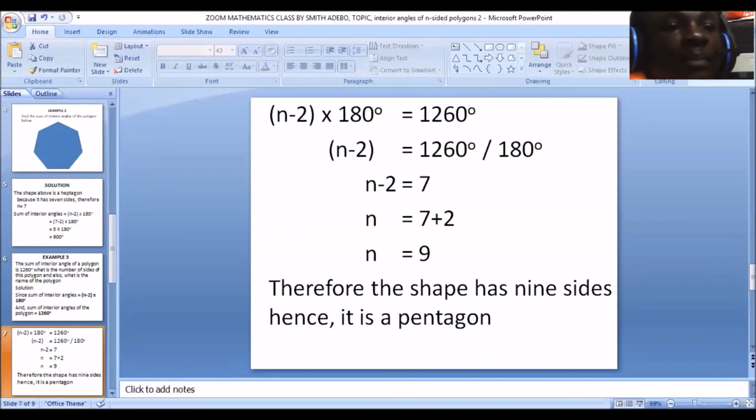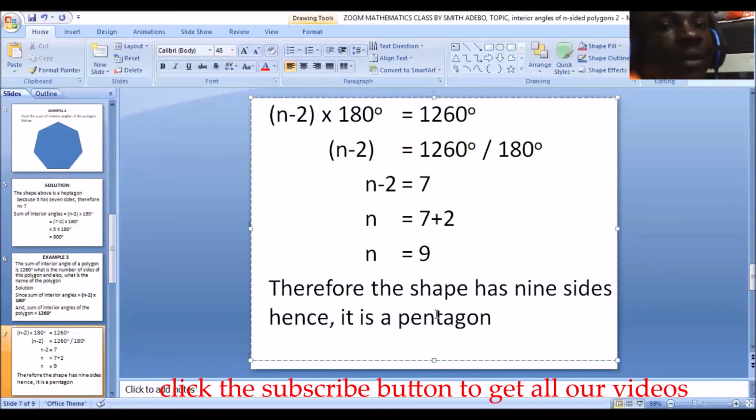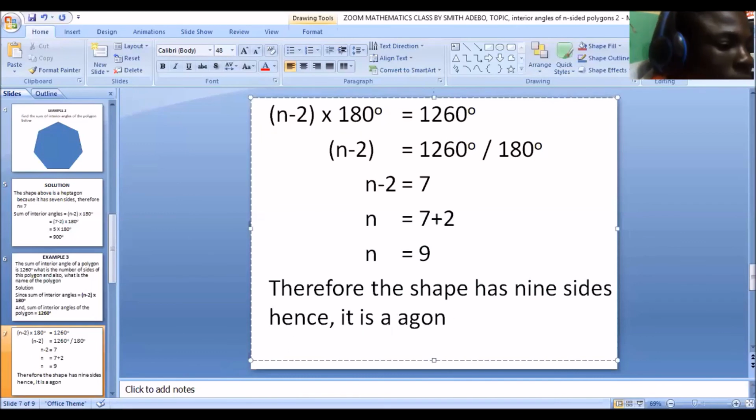And I said, therefore, the plane shape is a pentagon because it has 9 sides. Now, sorry, 9 sides is actually a nonagon. So the plane shape is a nonagon, sorry. It was an oversight.